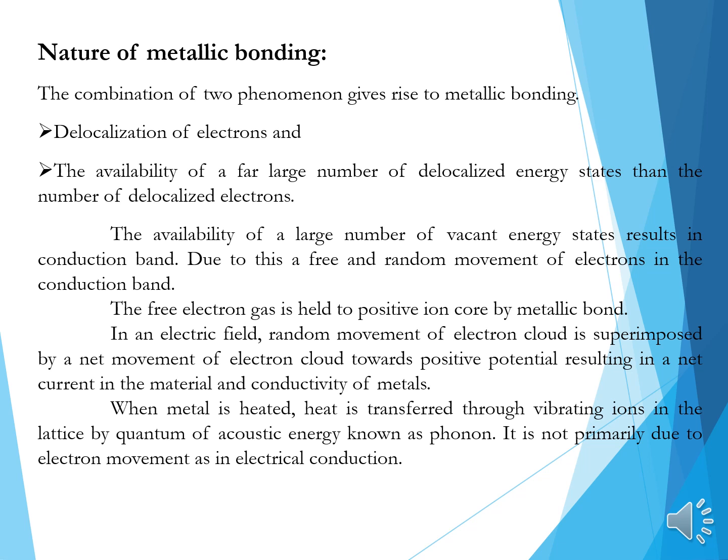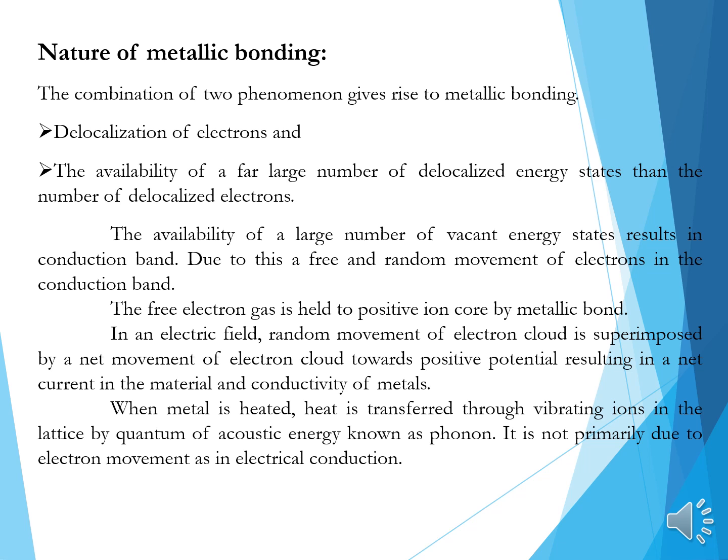Electrons can come and sit in those energy states. Due to this, a free and random movement of electrons in the conduction band is possible. The free electron gas is held to the positive ion core by metallic bond, the bond between the free electrons and the positive nuclei.